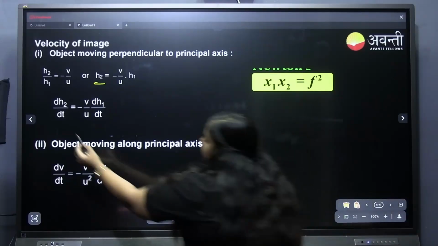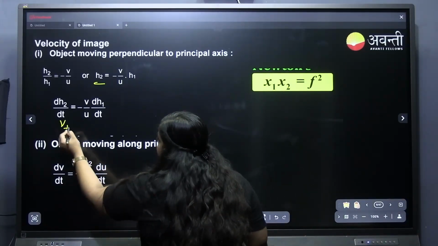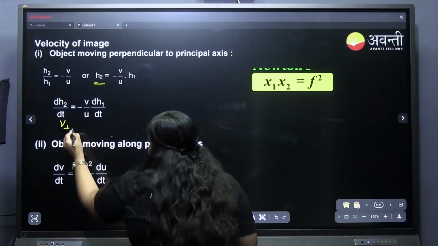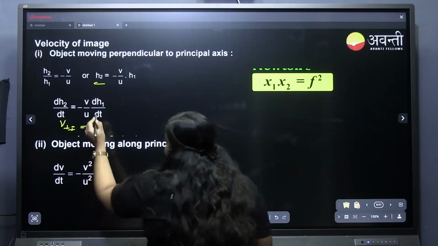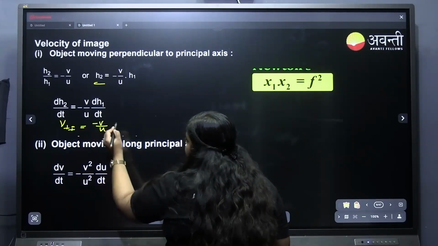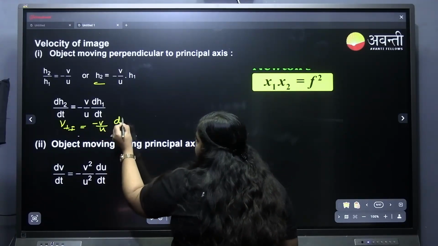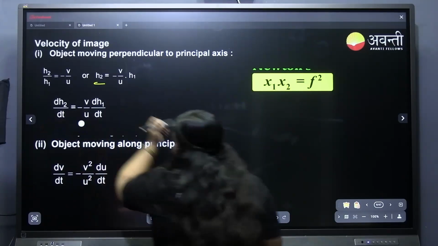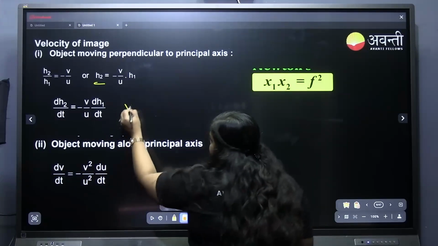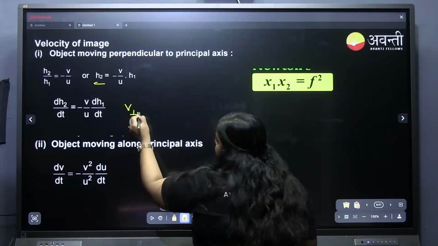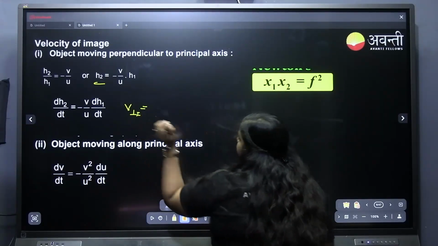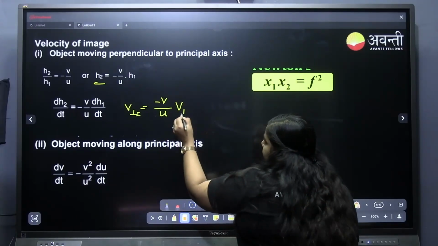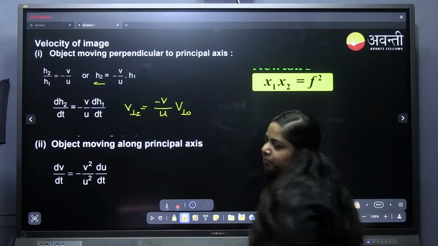So the vertical velocity of the image is equal to minus v by u times the vertical velocity of the object.